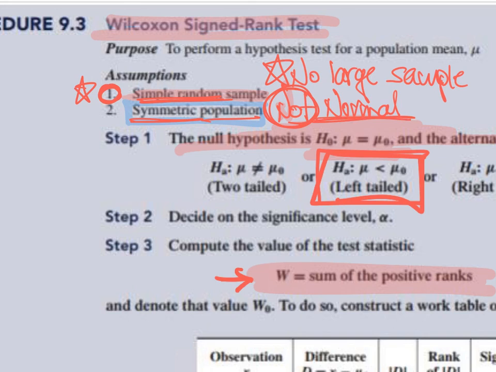In this case we can apply the non-parametric analysis. So in this section, we discussed the signed rank test, but you can compare it to the parametric analysis, the one mean t-test.